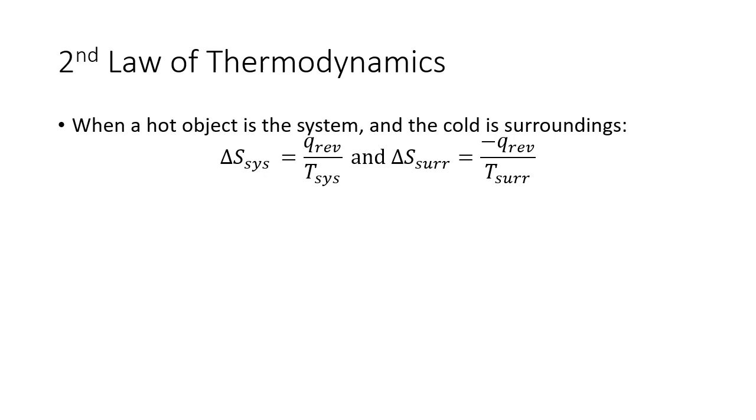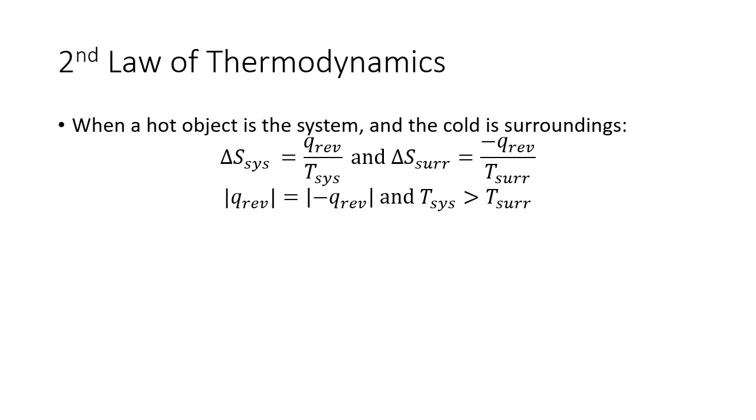Okay. Now, we know that Q reversible is equal to the magnitude of negative Q reversible. So we have a perfect transfer if it's a reversible thing. We know that T of system is greater than T surroundings because we said that the system was hot.